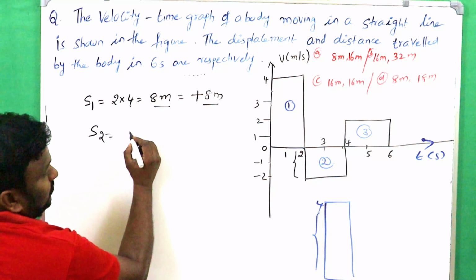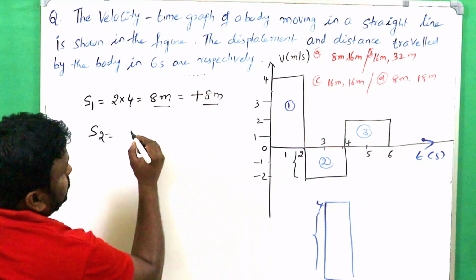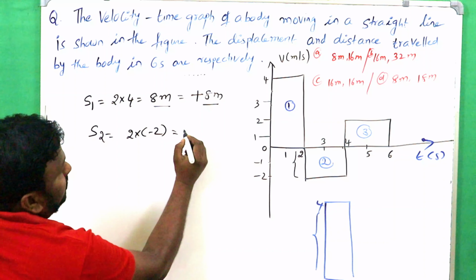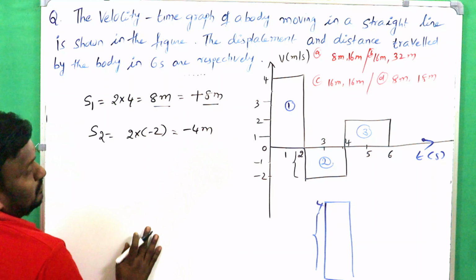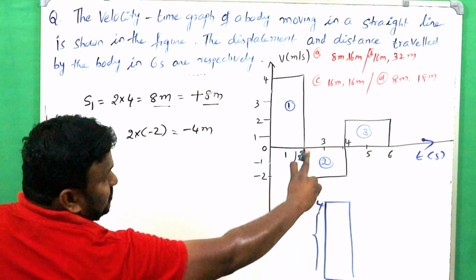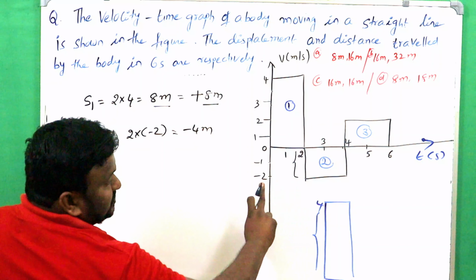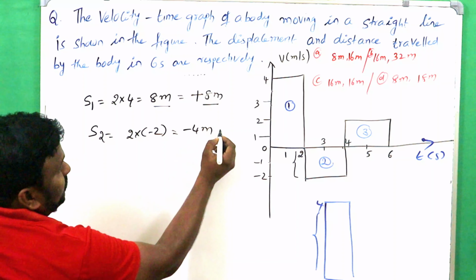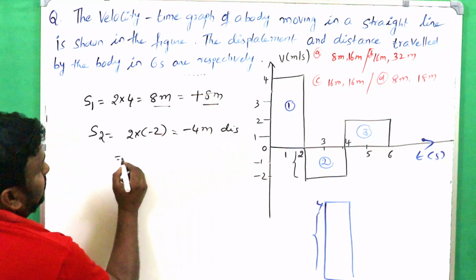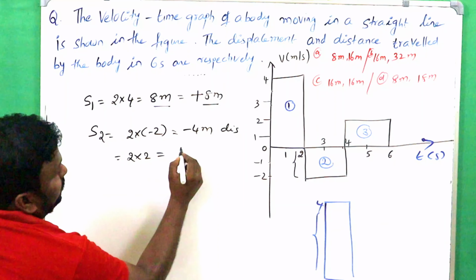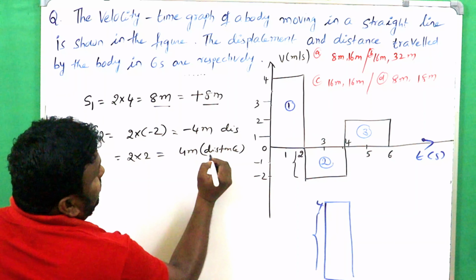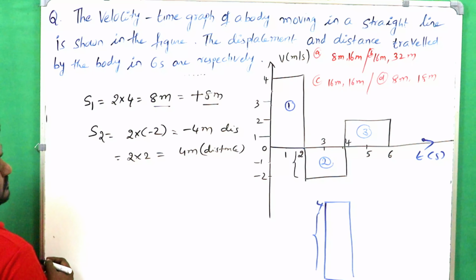So 2 into minus 2 is minus 4 meters. This is the displacement. But the distance is 2 into 2, 4. This is the distance, and this is the displacement.